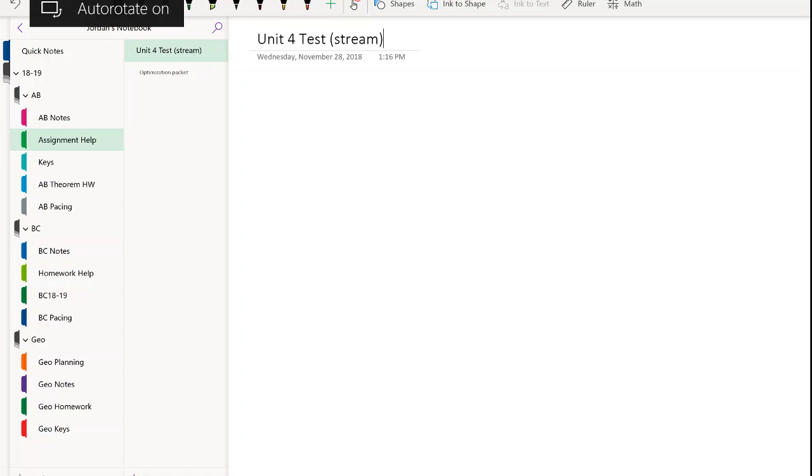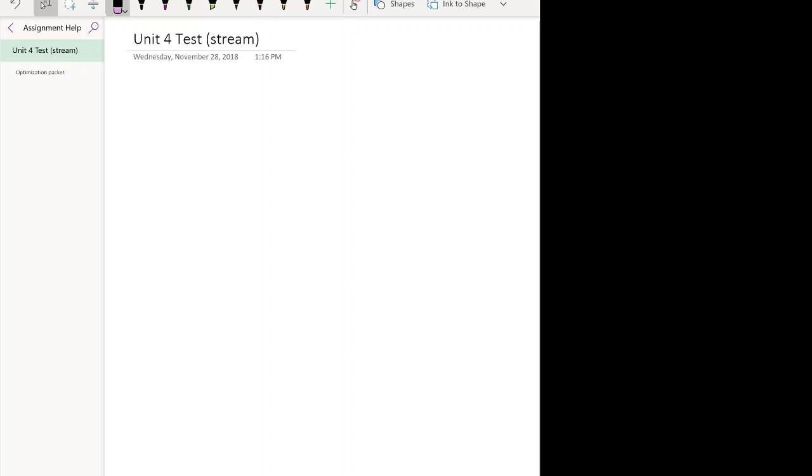Disconnect the tablet so I can be in tablet mode. Okay, so in this version, you can see less stuff.